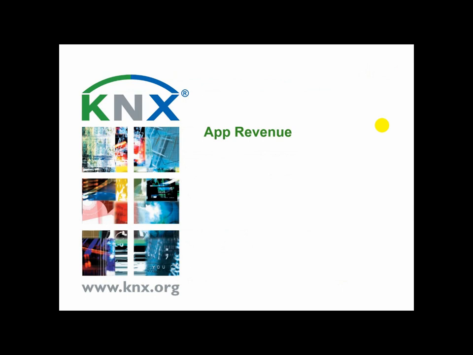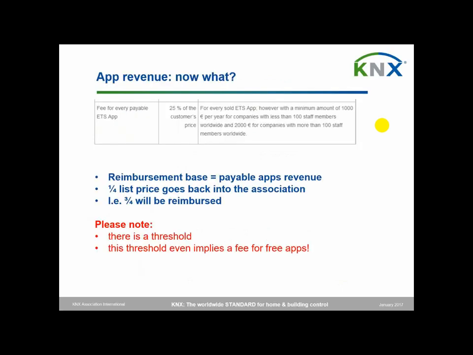Okay, app revenue. So if it's a payable app, you will have some app revenue, in the best case, of course. And okay, what does this mean? Well, first of all, it means that the reimbursement base is, of course, the payable apps revenue.